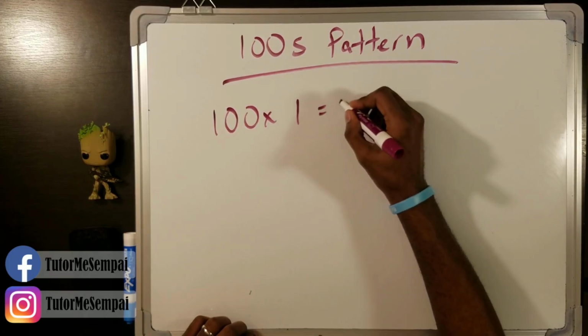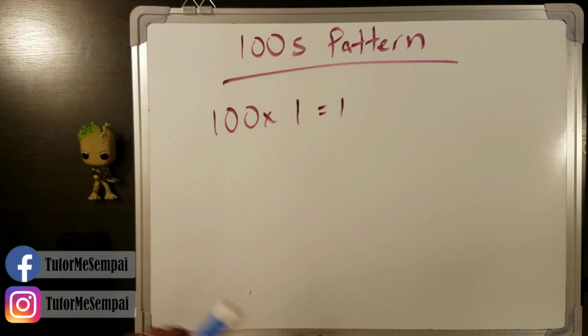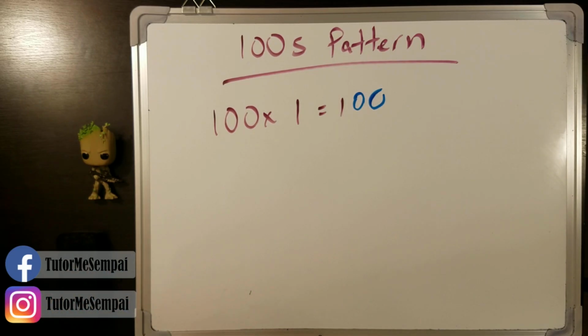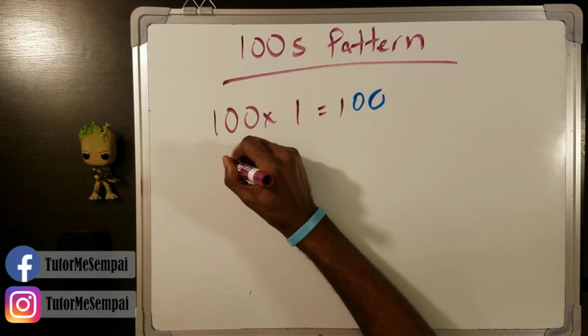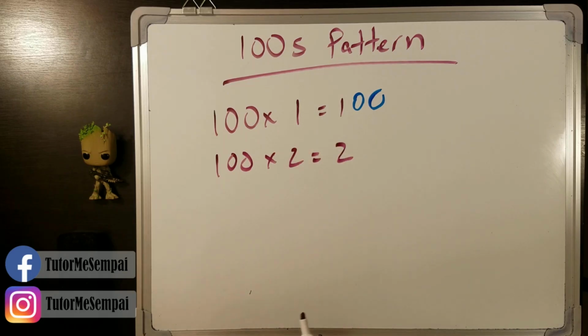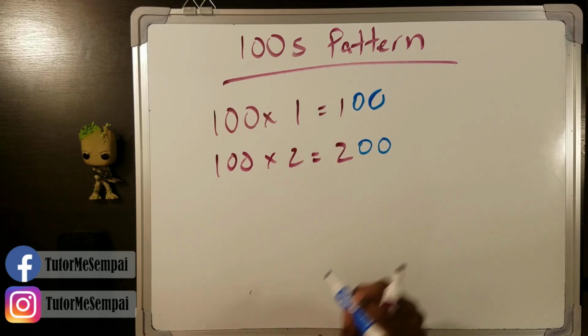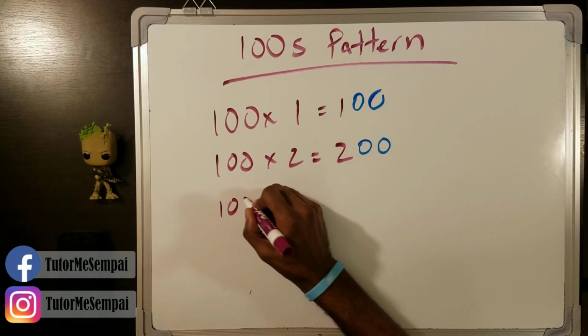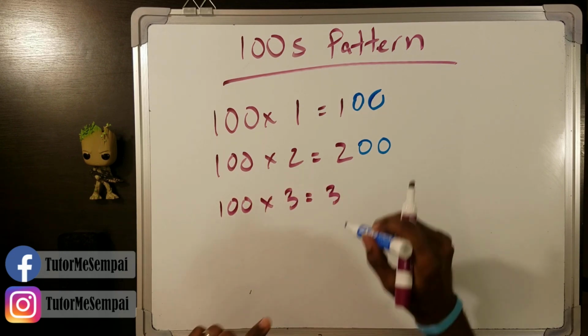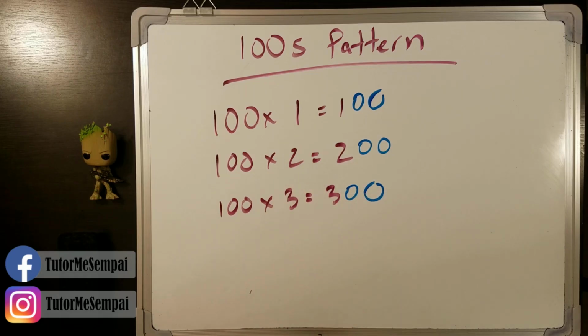100 times 1 is going to be 100. 100 times 2 is going to be 200. 100 times 3 is going to be 300.